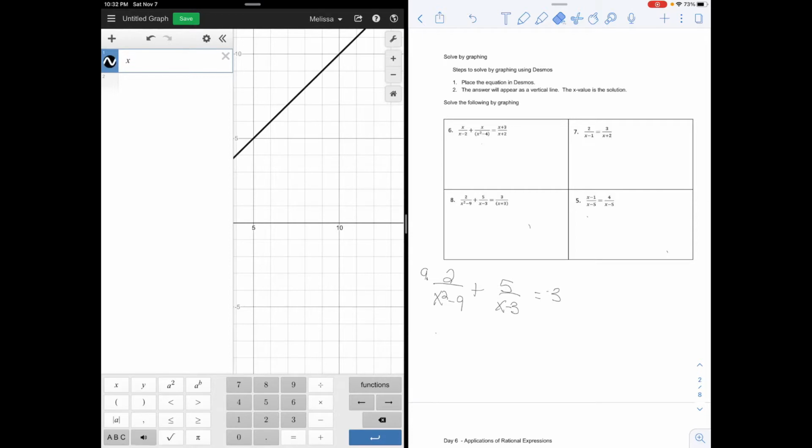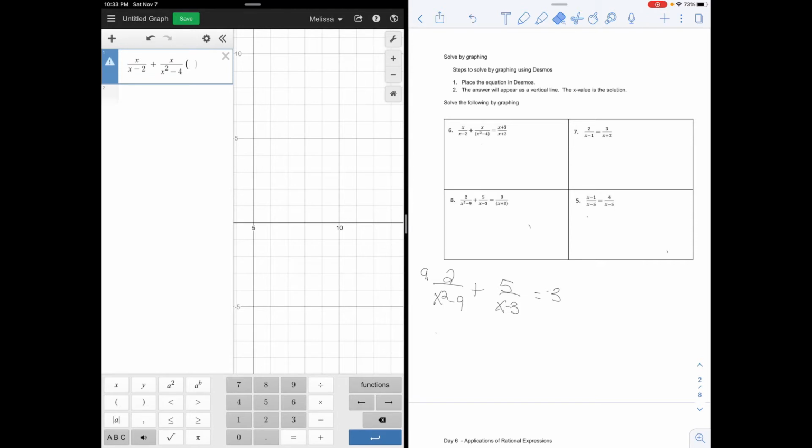So we have x divided by x minus 2, and then we can do plus x divided by x squared minus 4, and that's going to equal to, parenthesis.